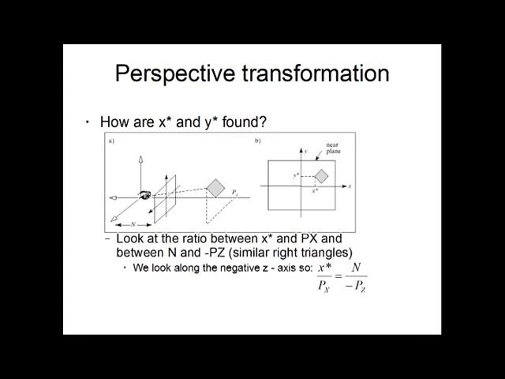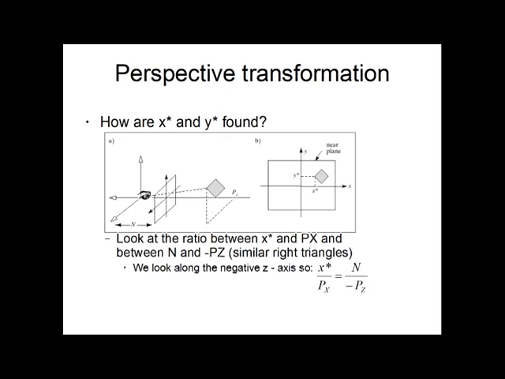That is the x star and the y star coordinates. That would be the smaller right triangle. The larger right triangle would have minus pz as the baseline, where the distance n is in the smaller triangle, and the x and y coordinates of p would be the other side of the triangle.